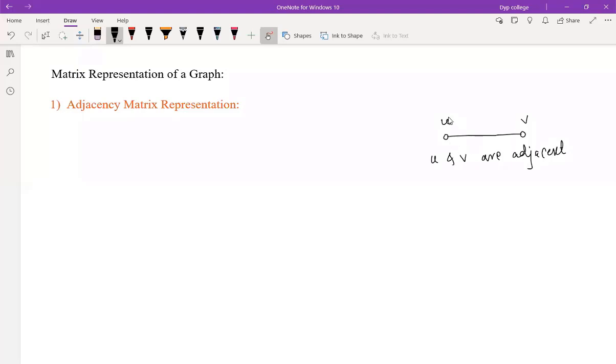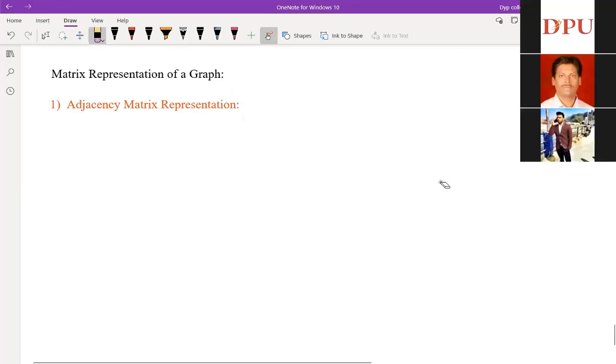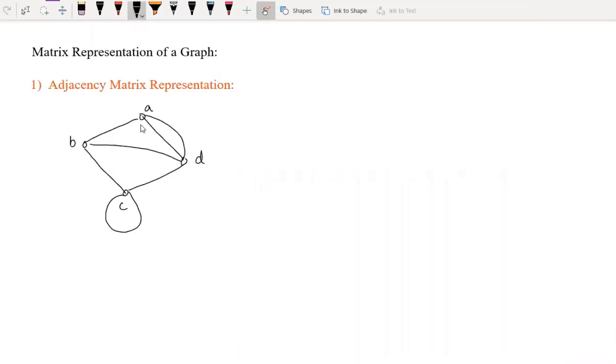मतलब adjacency exists between vertex to vertex, वर्टेक्स और वर्टेक्स के बीच में adjacency होती है हमेशा, right? So similarly when we have to write the adjacency matrix, that adjacency always exists between two vertices. Now this is the graph, it is just like a kite.